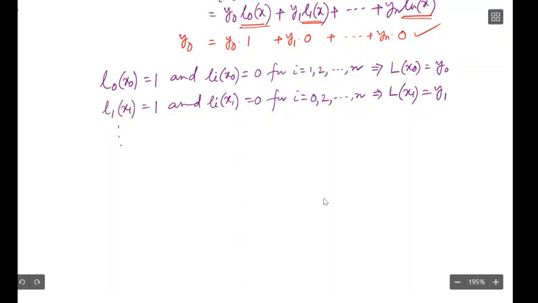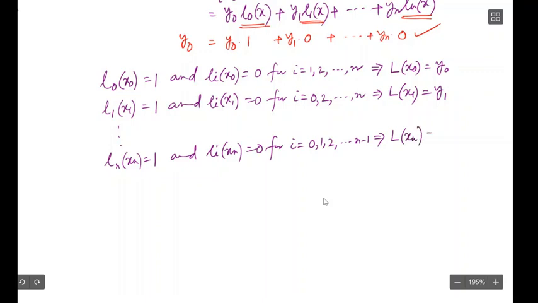In this way, if we choose Ln(xn) equals to 1 and Li(xn) equals to 0 for all i equals to 0, 1, 2, up to n minus 1, then we will get L(xn) equals to yn.